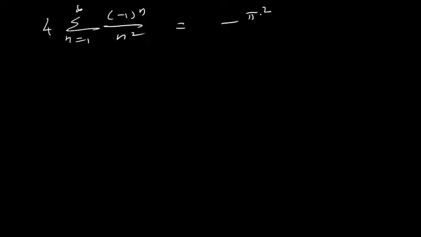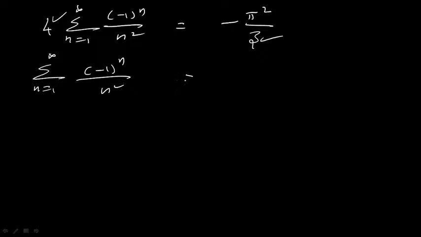Now take this 4 to the other side. So what happens? Sigma n varies from 1 to infinity, minus 1 whole power n divided by n square is equal to minus pi square divided by 12.